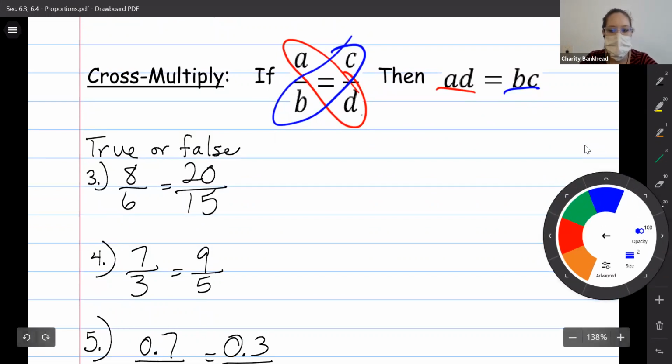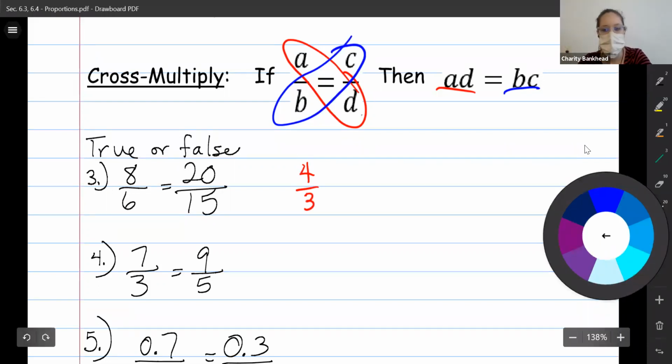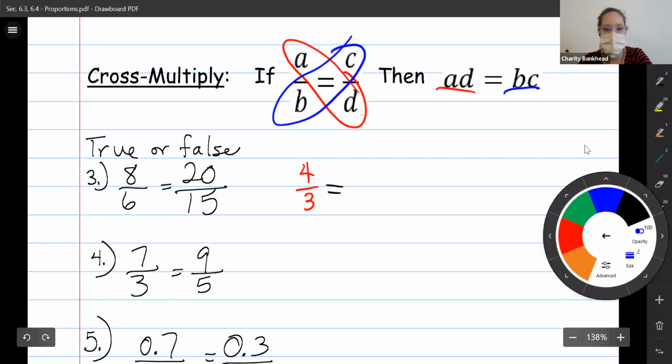To make it easier, I would reduce each fraction individually first of all. So for 8/6, 2 can go into 8 4 times, and 2 can go into 6 3 times. So that's 4/3. And then 20/15, you can reduce that by 5s. 5 goes into 20 4 times, and 5 goes into 15 3 times.